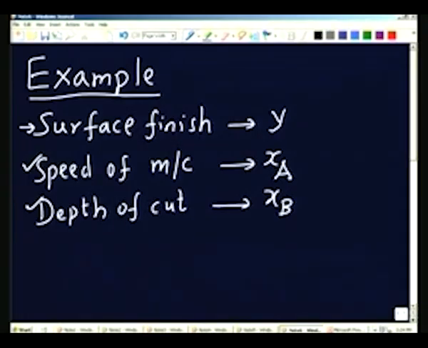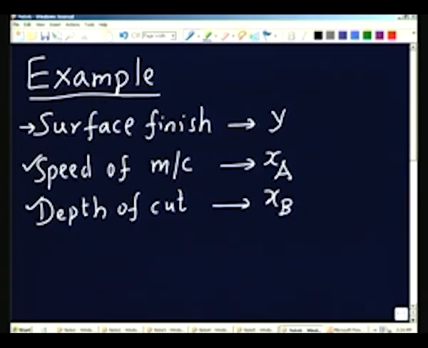That means, the assumption is that if I vary the speed of machine or depth of cut, the surface finish must depend on the two values which I choose for this. Again I can identify high value and low value. For example, the speed of the machine may be 2000 rpm and 4000 rpm arbitrarily. So, one of them will be -1, the other will be +1.